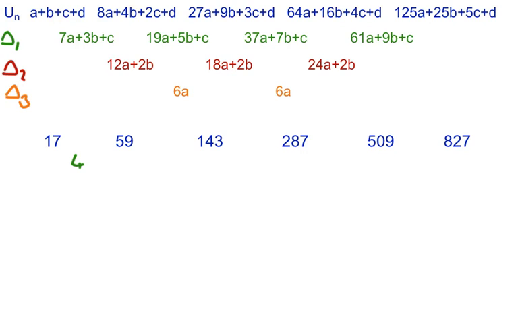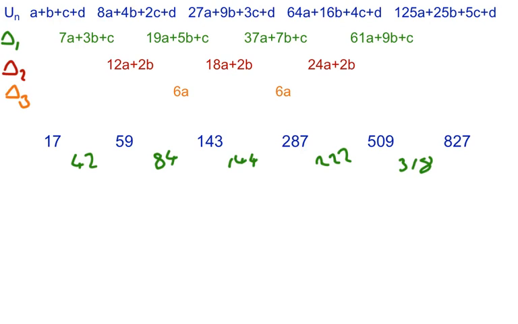So first differences are 42, 84, 144, 222 and 318.